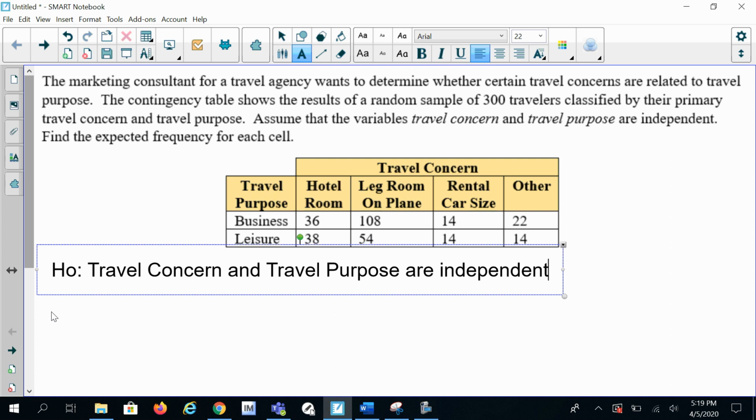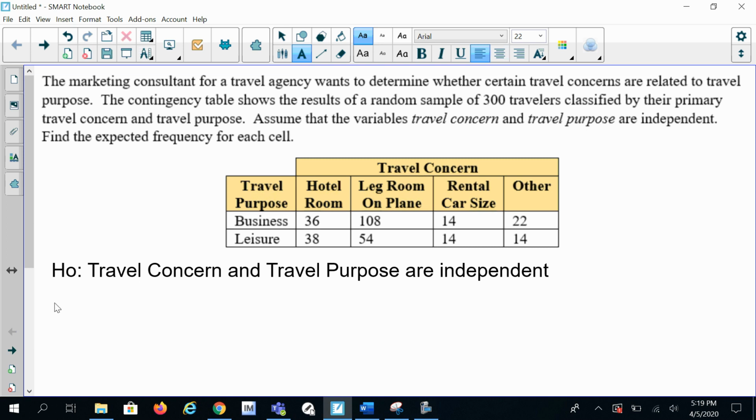And that's it. So we always assume that the 2 variables are independent. There are other ways you could write this. We could say that travel concern and travel purpose are not related, or there is no association between travel concern and travel purpose, but what I always do is say they're independent, since it's the test of independence. So assume they're independent.